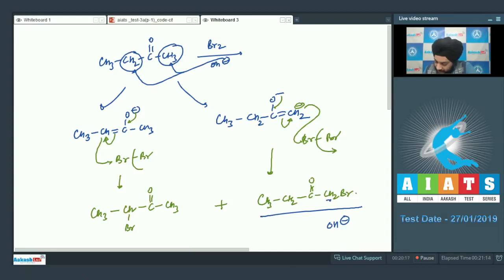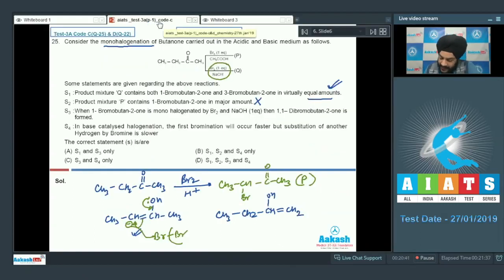It can either extract this hydrogen or this hydrogen. Now, students, due to the presence of this Br, which exerts a minus I effect, this hydrogen will be more reactive and the second bromination will happen at this position itself. So we're going to have the formation of 1,1-dibromobutan-2-one. If you look at statement 3 now, we can see that the statement given to us is correct.